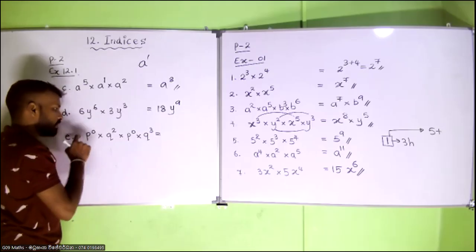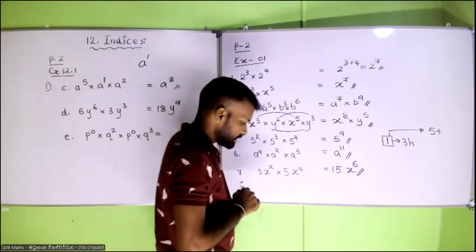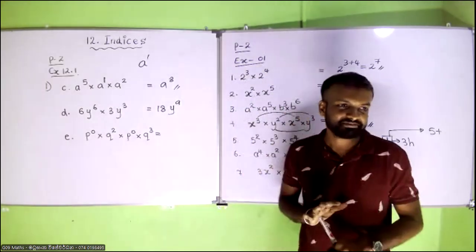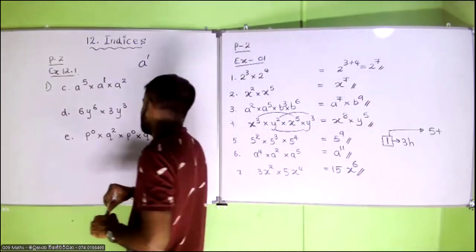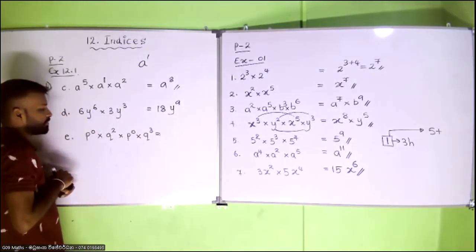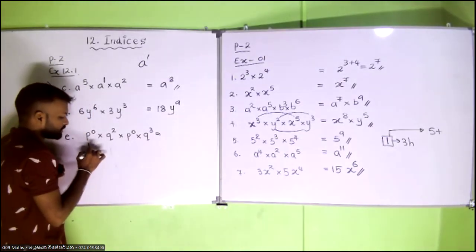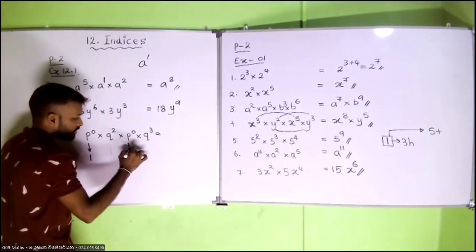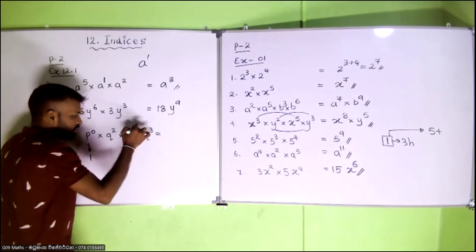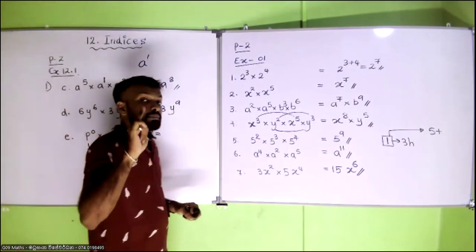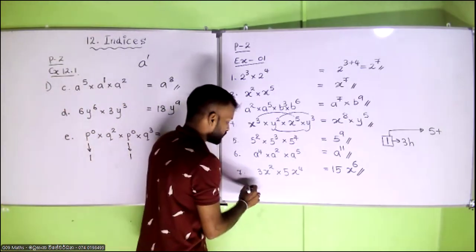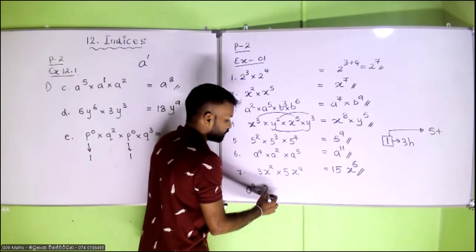What is this? P to the power 0. What is the value? 1. If you forget the value of P to the power 0, that means 1. Anything to the power 0 is equal to 1 except 0. 0 to the power 0 is not valid.